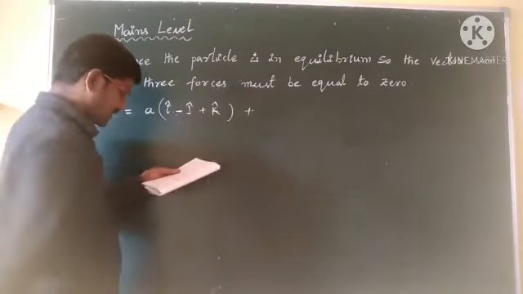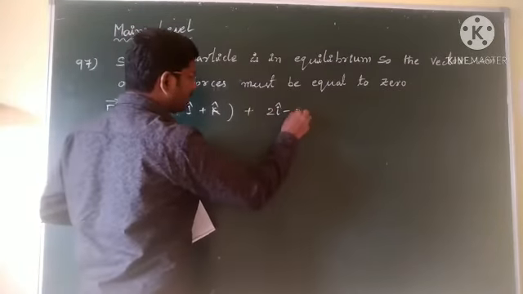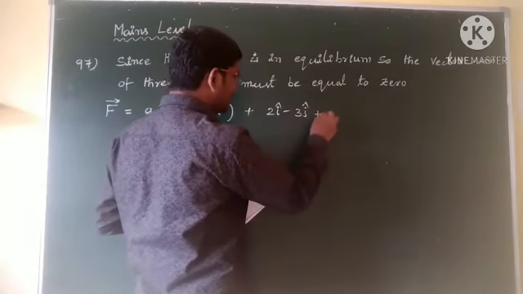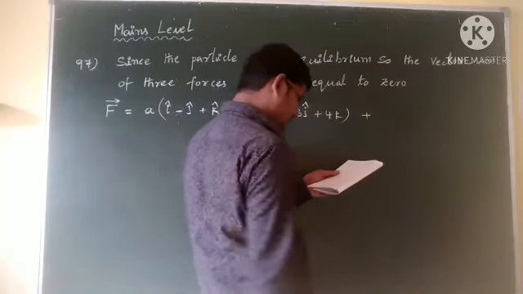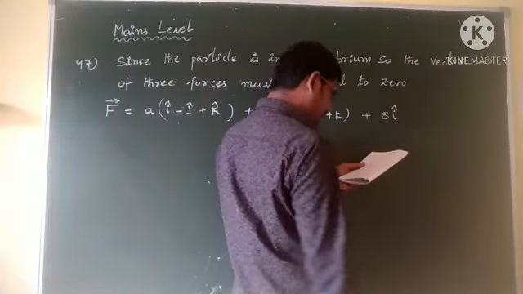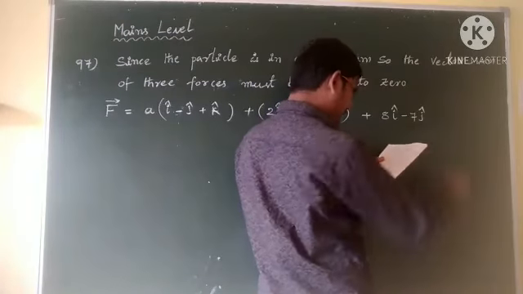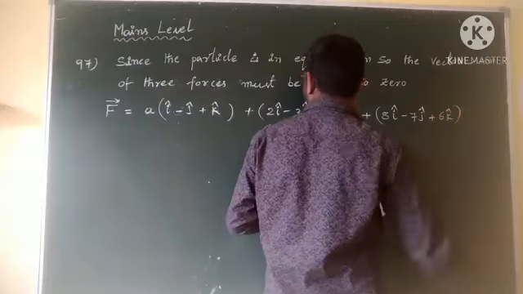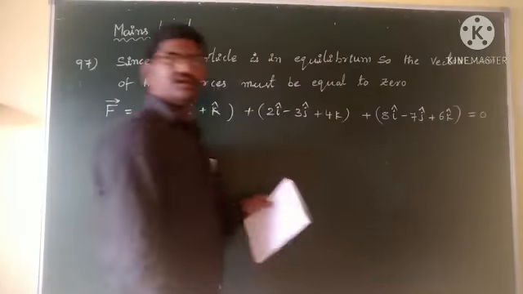This is the first vector, and the second vector is 2i cap minus 3j cap plus 4k cap. This is the second force. Plus the third force he has given, 8i cap minus 7j cap plus 6k cap. So this must be equal to 0.